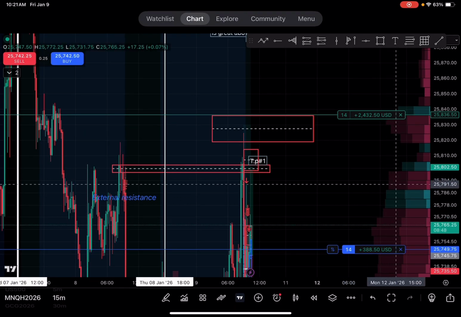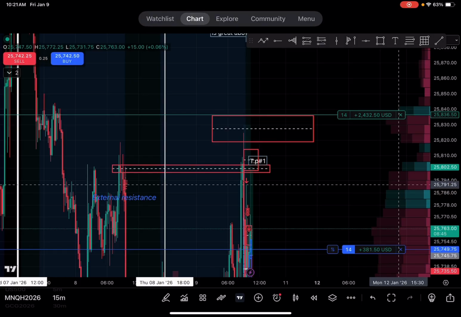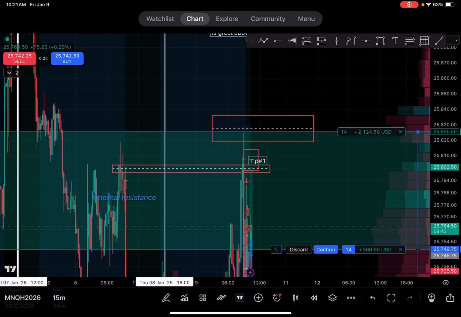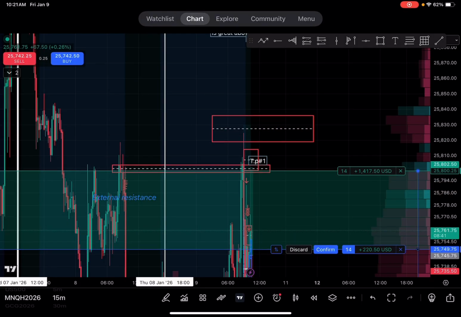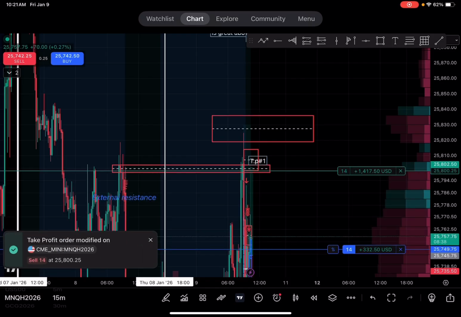Blockage right there. Anticipating the liquidity helps us. Yeah, I'd actually say leave it at the external.